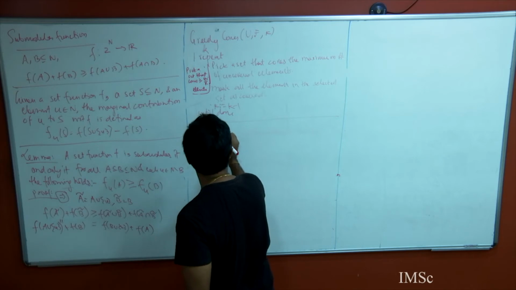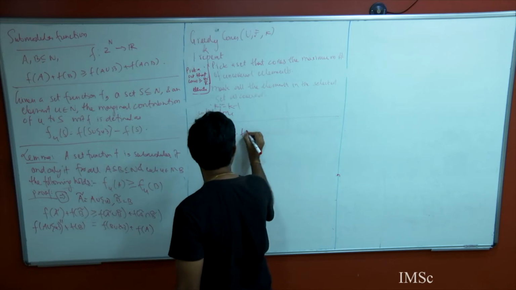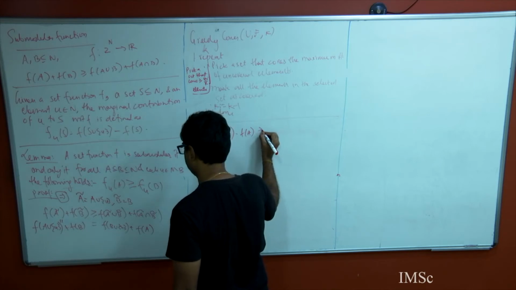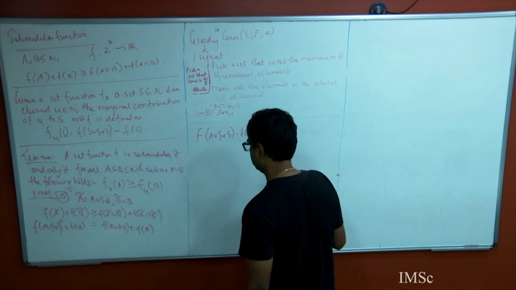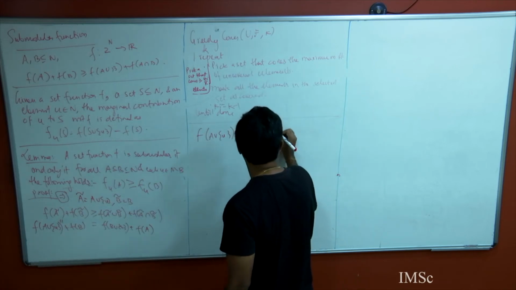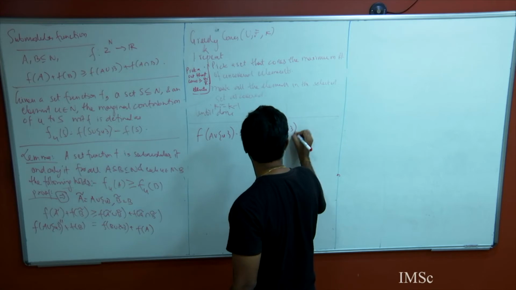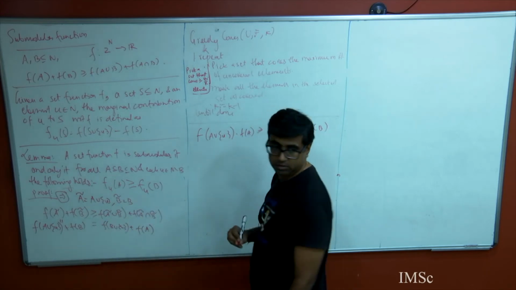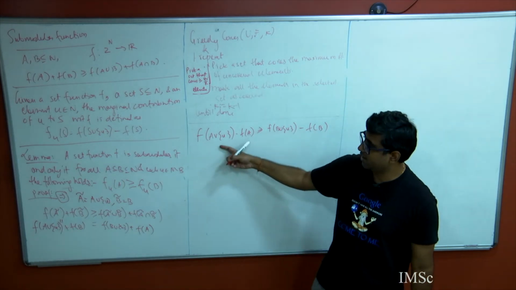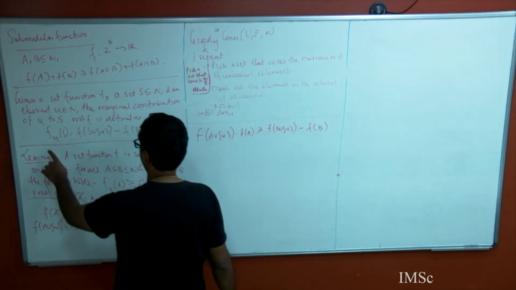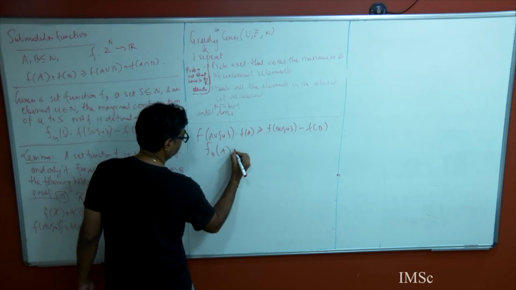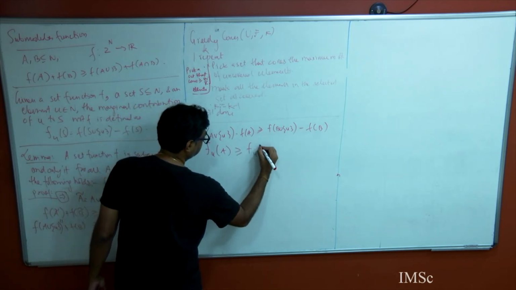So it says f of A union U minus f of A is greater than or equal to f of B union U minus f of B, right? But what is this? This is exactly the definition of utility, right? So this is utility with respect to A is greater than or equal to utility with respect to B.